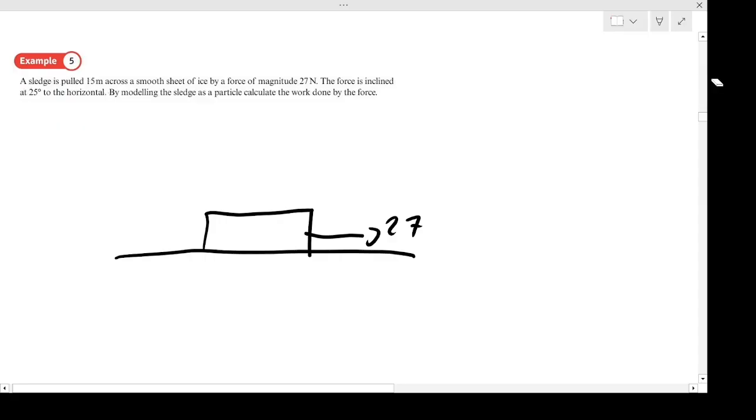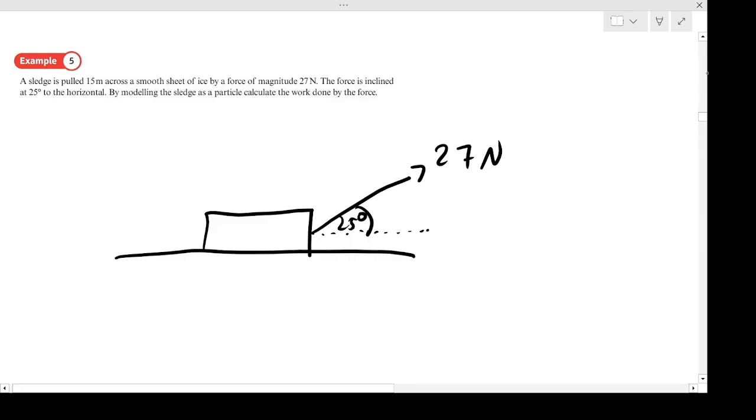So what that means is it's actually at an angle. Instead of being completely flat like this, it's at an angle like this. And so the angle is 25 degrees to the floor level there.